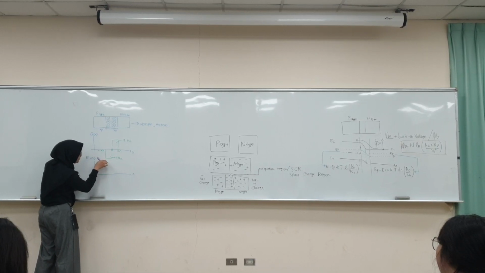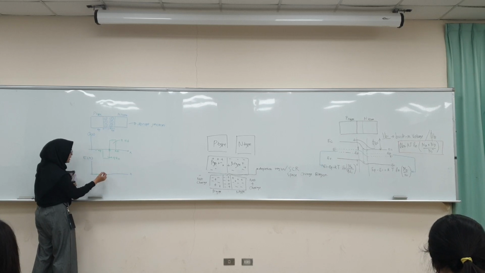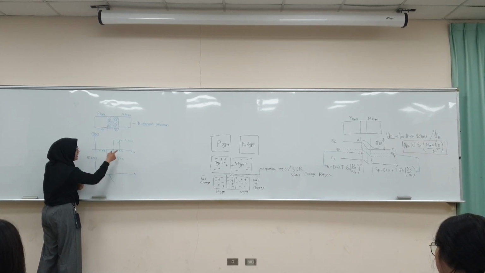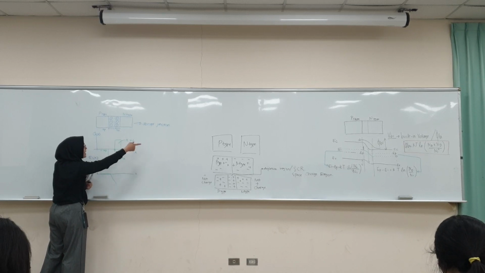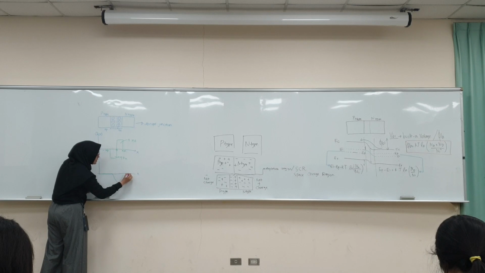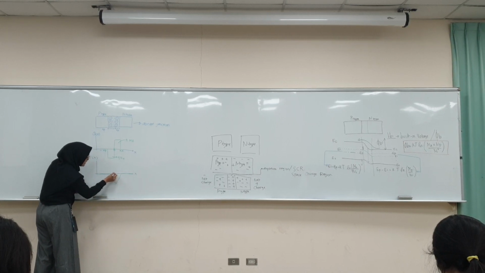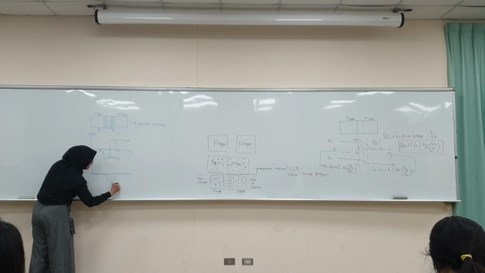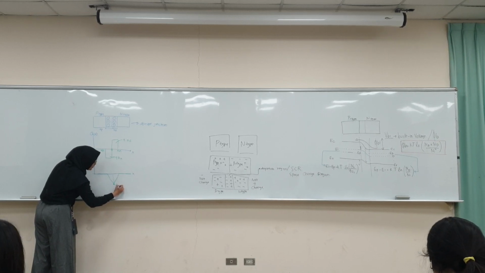Starting from the depletion region, it will go down, and as it goes to the n-type depletion region, it will go up. And then here it will be 0. So this point is what we call the built-in voltage, or E0.